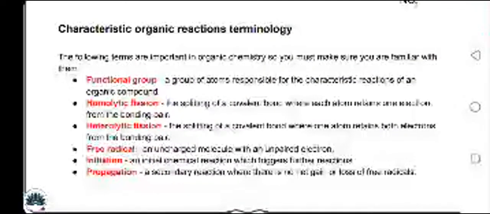Characteristic organic reactions terminology. The following terms are important in organic chemistry, so you must make sure you are familiar with them. Functional group: a group of atoms responsible for the characteristic reactions of an organic compound. Homolytic fission and heterolytic fission are for the A2 levels, and for the AS levels: free radical, an uncharged molecule with an unpaired electron.